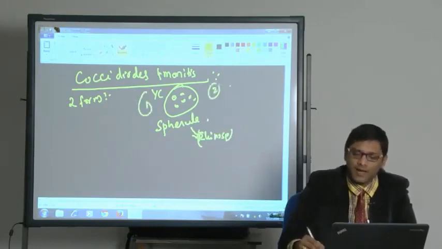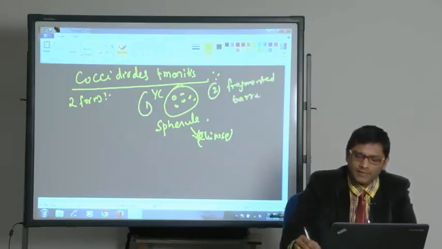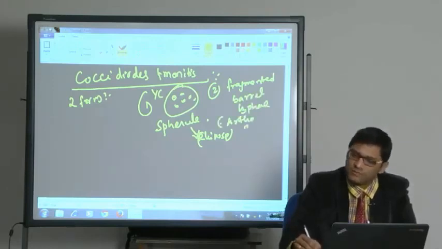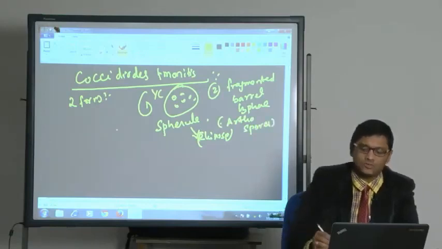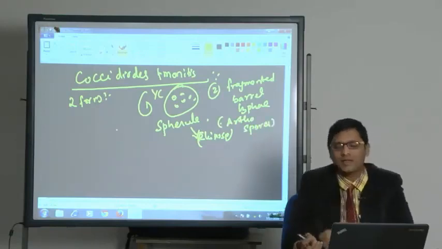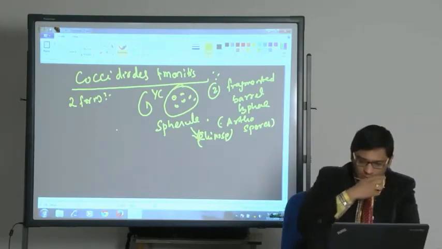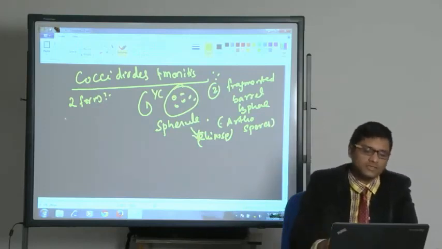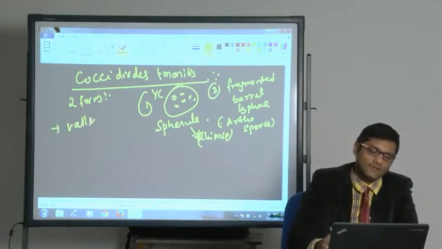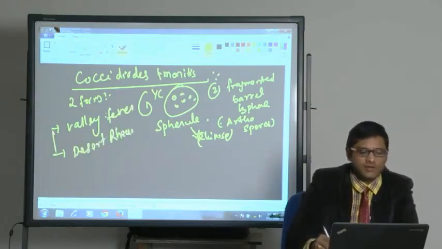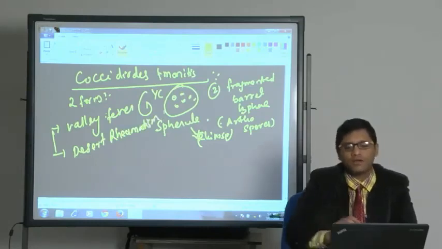The other form is fragmented hypha, barrel-shaped hypha described as arthrospores. Two forms. And Coccidioides immitis disease is called valley fever or desert rheumatism. These are the other names of Coccidioides immitis.